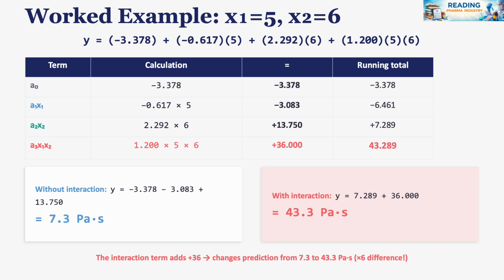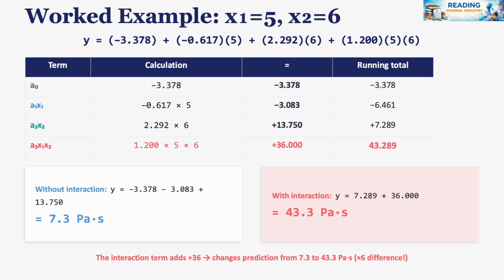Let's look at this worked example. So let's plug in some numbers. A0 gives minus 3.4. A1 times 5 gives minus 3.1. A2 times 6 gives plus 13.8. Running total so far, that is 7.3.